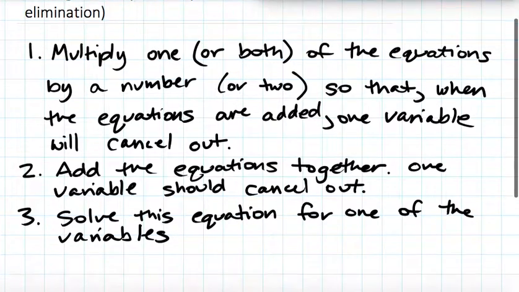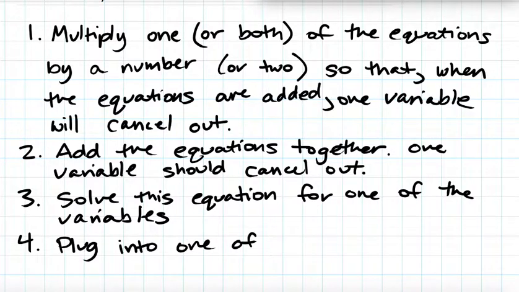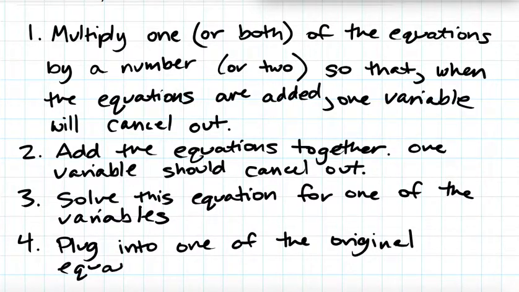And then step 4 is the same as step 4 with substitution. Once we have one of the variables, we need to get the other variable by plugging in. So we plug into one of the original equations to get the other variable.